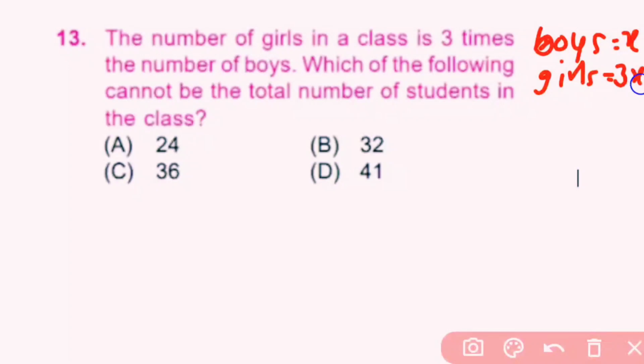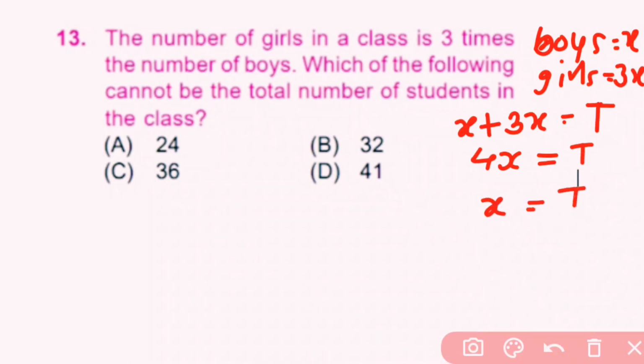And then the total number of students is boys plus girls is equal to total. x plus 3x is 4x is equal to total. Then x is equal to total divided by 4. So this total should be divisible by 4.